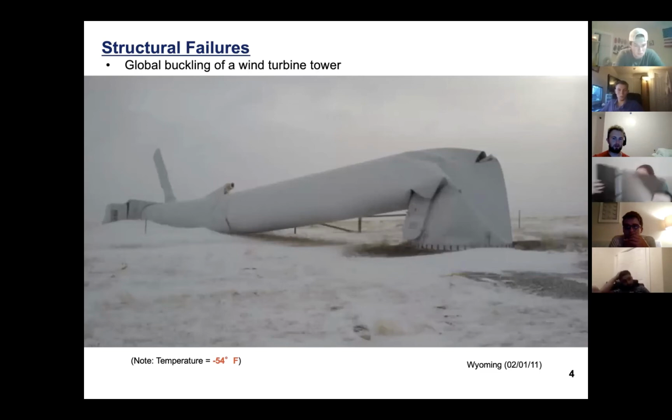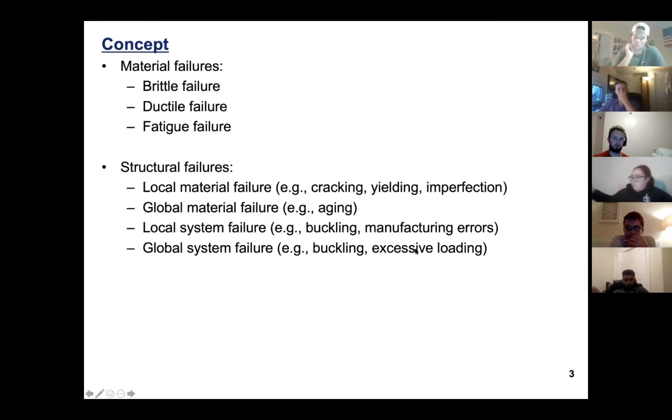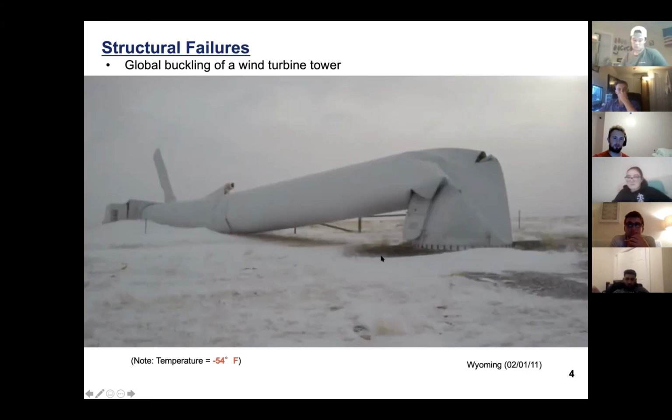However, what we did not know was what was the loading on this wind turbine tower. Right. What we know right now is that it fails due to buckling, but maybe it's because of the temperature. Maybe it's because the wind was excessive, and that's why I put it here. Sometimes excessive loading can also trigger buckling.